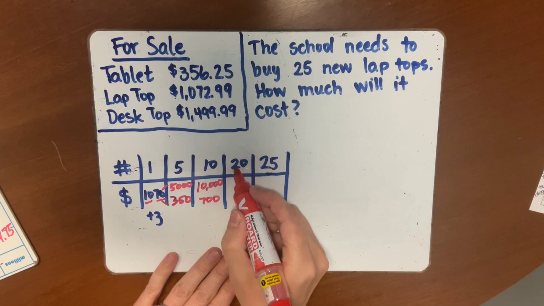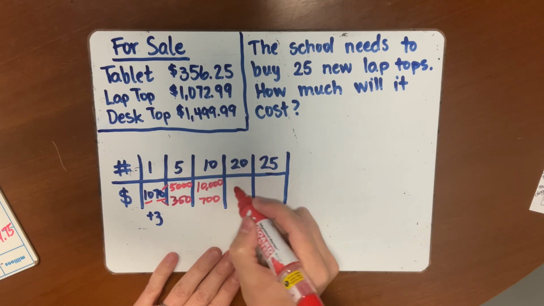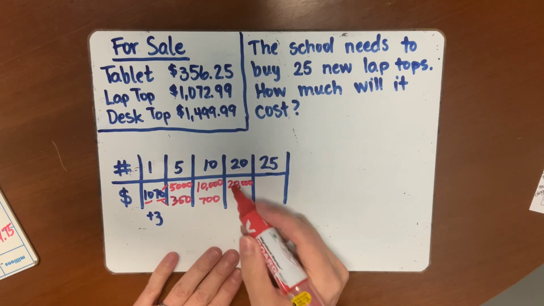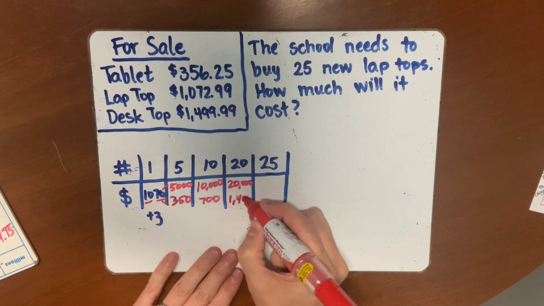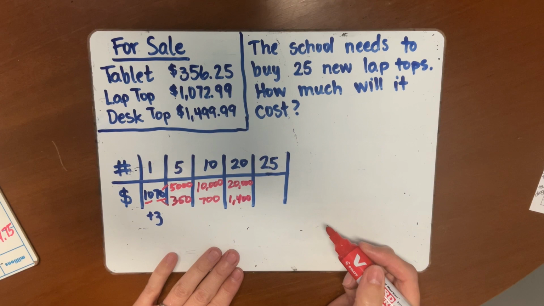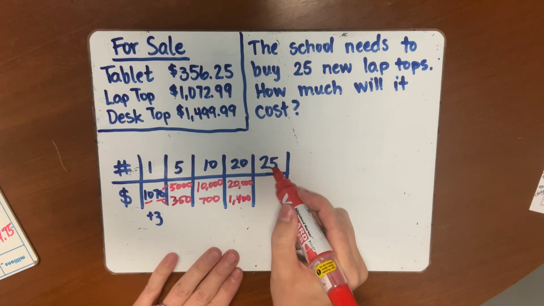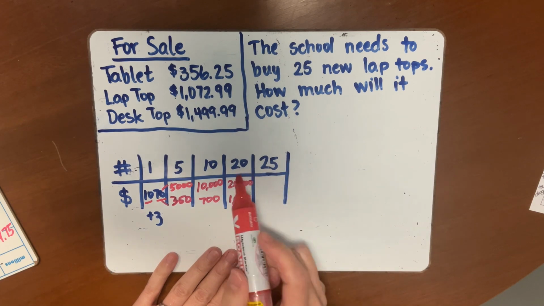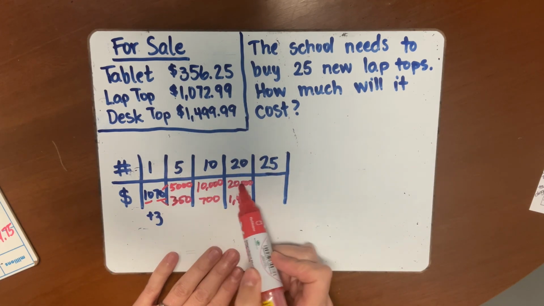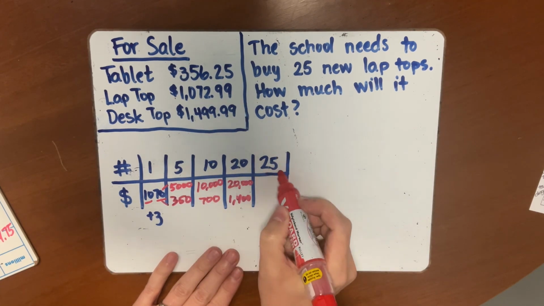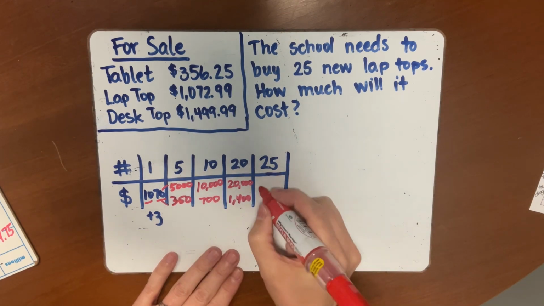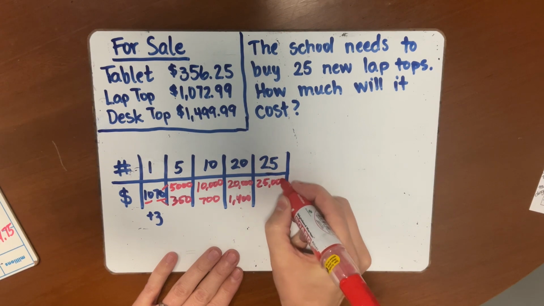Double of 10 is 20, so double of 10,000 is 20,000, and double of 700 is 1,400, because double of 7 is 14. Okay, 25. I can't double this again. What can I do? Well, I know 20 and 5 together. I could put those together to get 25. So 20,000 and 5,000 is 25,000.